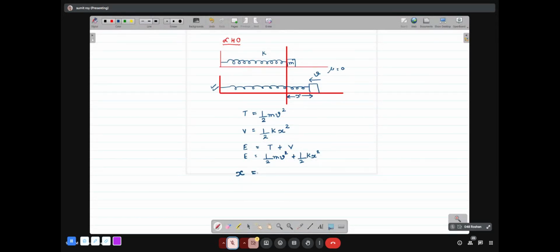I am taking the case that the particle was at the mean position at t equals 0. So x is a sine of omega t and velocity is a omega cos of omega t. If you put these values here, you will get the answer as half k a square.